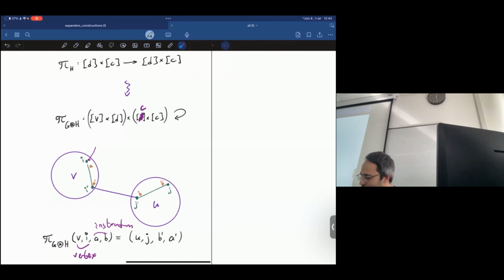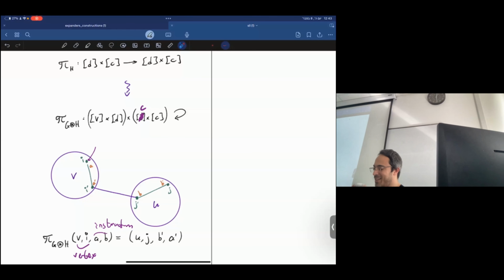What you want to output, again in set notation, is this: the vertex V, its neighborhood I, its Ath neighbor in H is I prime, and going back you go back with A prime.